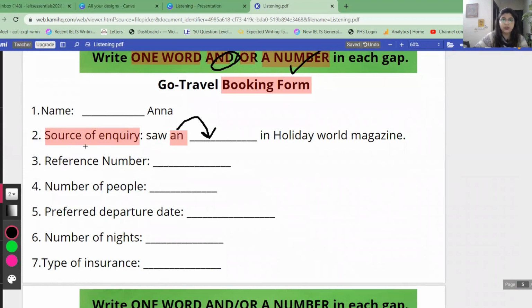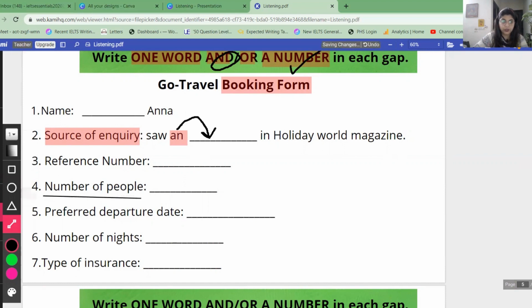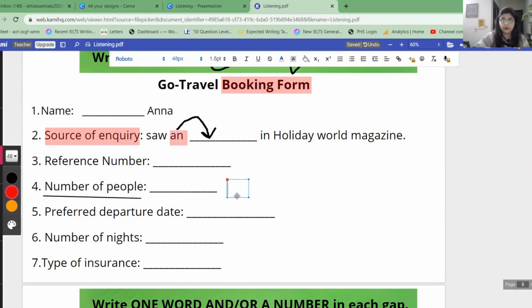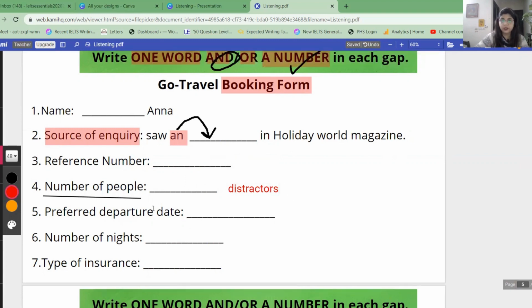Now the next thing is, they are asking reference number. Here I would say, listen to the audio very carefully. Whatever the number they are saying, you need to be exact with that number. Now, number of people. Whenever they are having such kind of questions, be ready for distractors. Most of the time, often they use distractors. What they can say is like number of people. They won't directly tell you like 4 people, 5 people, or 6 people.